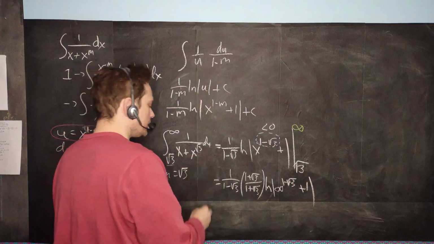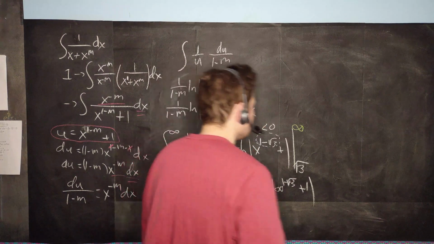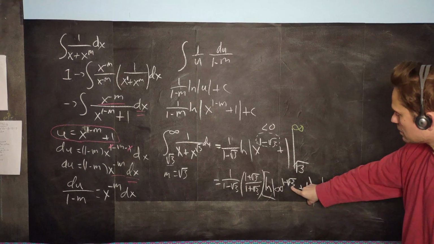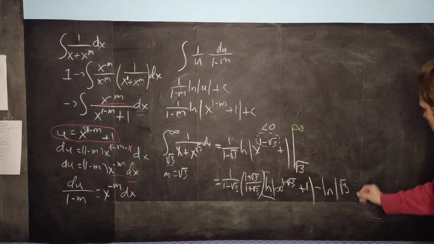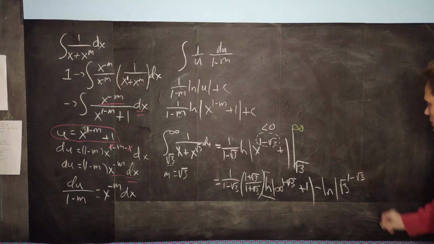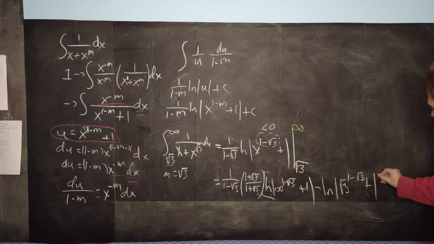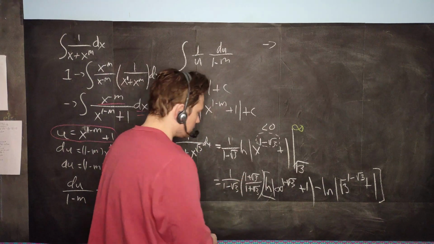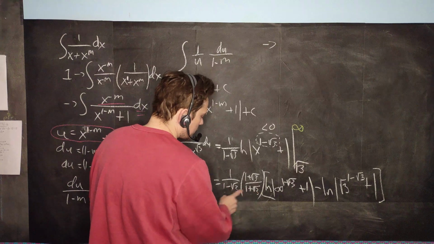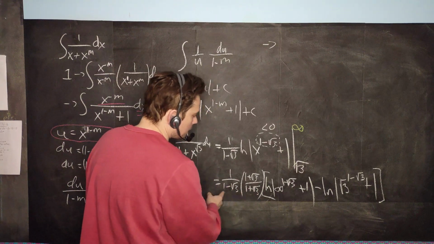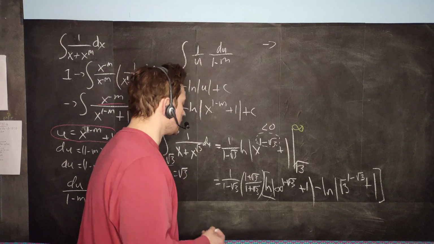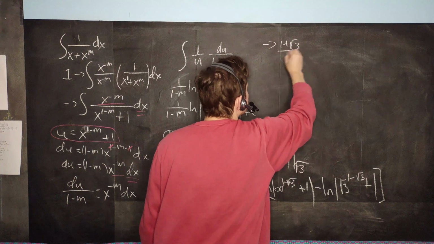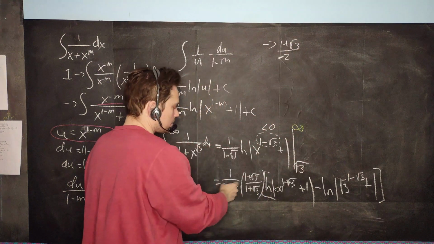And then you also have to plug in the lower limit of the root of 3. So let's do that on the side here. So minus this ln of the root of 3, and then raised to the 1 minus the root of 3, plus the additional 1, and then close the bracket. Here you're going to have 1 plus the root of 3. Now what happens when these two multiply, so 1 times 1 is 1, negative root of 3 times the root of 3 will give you a negative 3. So it's 1 minus 3, which is going to give us negative 2. In other words, you're going to have 1 plus the root of 3 over negative 2 as this coefficient right here.